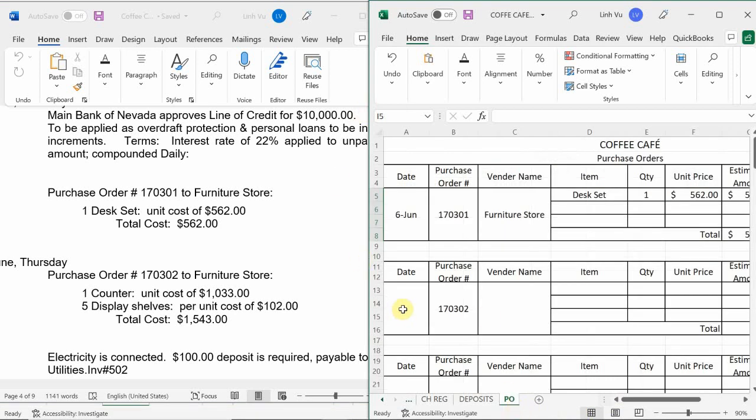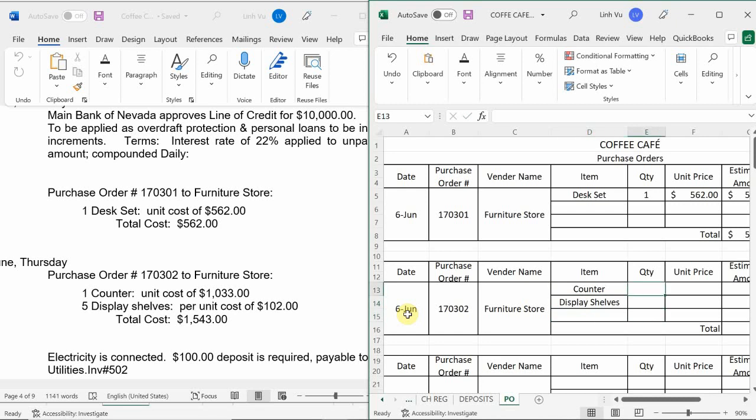I'm going to pop it into my purchase orders list. So in this case, this is order number 17302. Okay. Who did I buy from? Same place, furniture store. Okay, what did I buy? Well, I bought a counter and I bought display shelves.